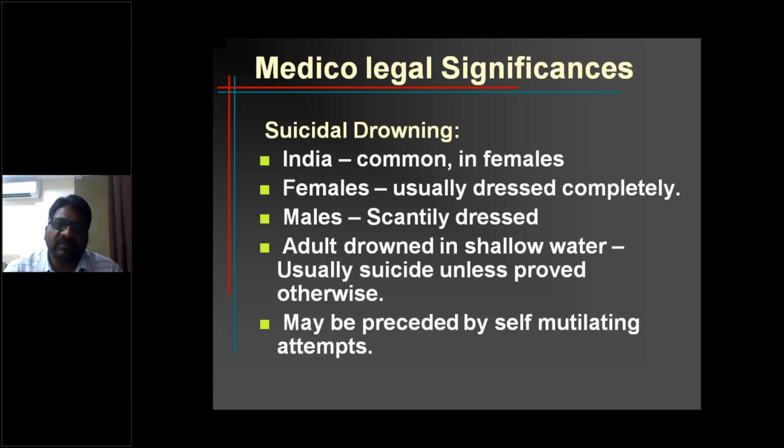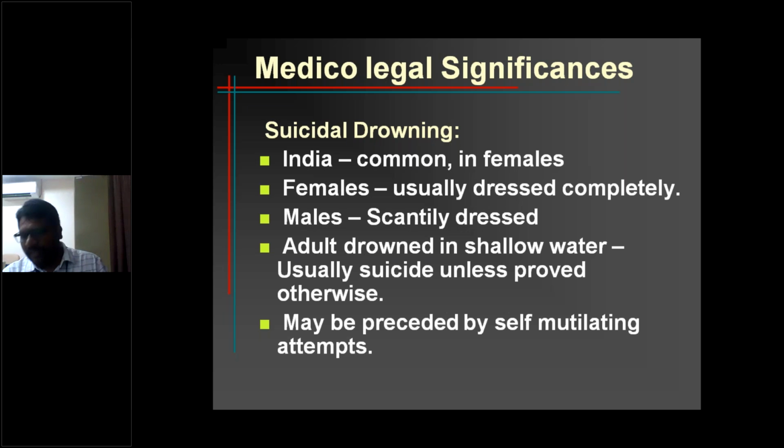It may be preceded by a self-mutilating act. So not only suicidal hanging, but in suicidal drowning also, you can definitely find that the person made a self-mutilating attempt previously.